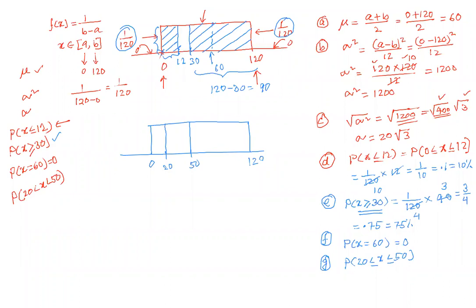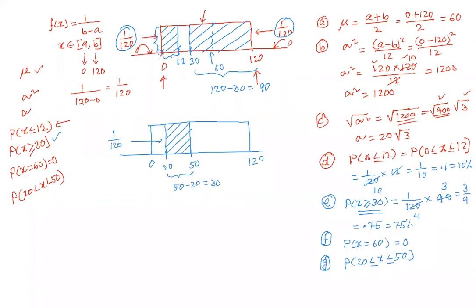That means what is the probability that the alarm will go off between 20 and 50 minutes. So there will be this shaded region. And this height, by the way, is still 1 over 120, right? And what is the width? Width is 50 minus 20, which is 30.